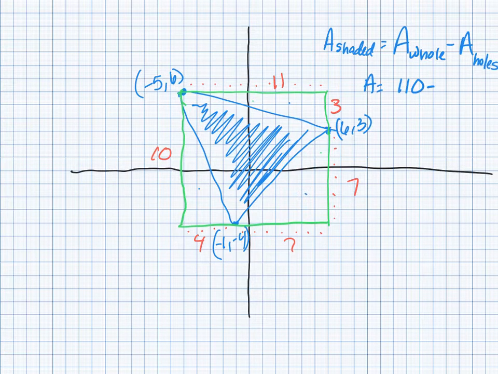So this top right-hand triangle right here, the 11 by 3, if you have a right triangle, to find the area, it's 1/2 base times height, and the base and the height are the 2 sides that are not the hypotenuse. You remember that from geometry?